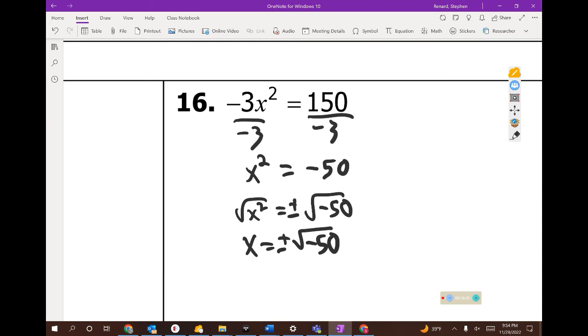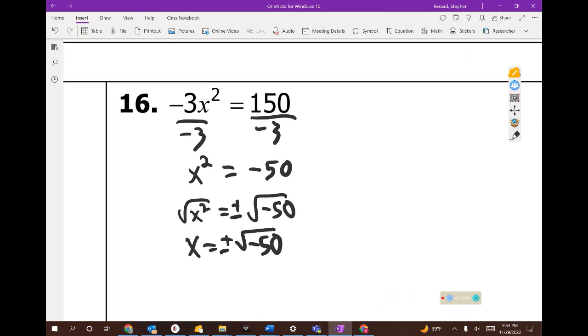At no point will this line actually cross the x-axis. There's no number I can stick in there that will make negative 3 times x squared equal to 150. So what we do, remember, is now we're talking about complex or imaginary numbers.